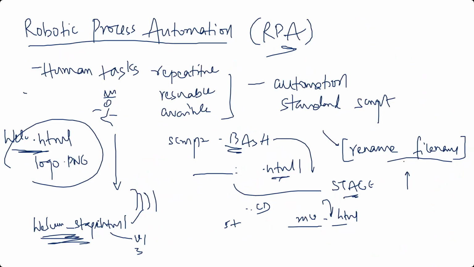Rename from welcome.html to welcome underscore stage.html. Such process activities, which are typically human tasks, can be automated using RPA. Can you think of any other RPA tasks which a typical developer forgets and can be automated?